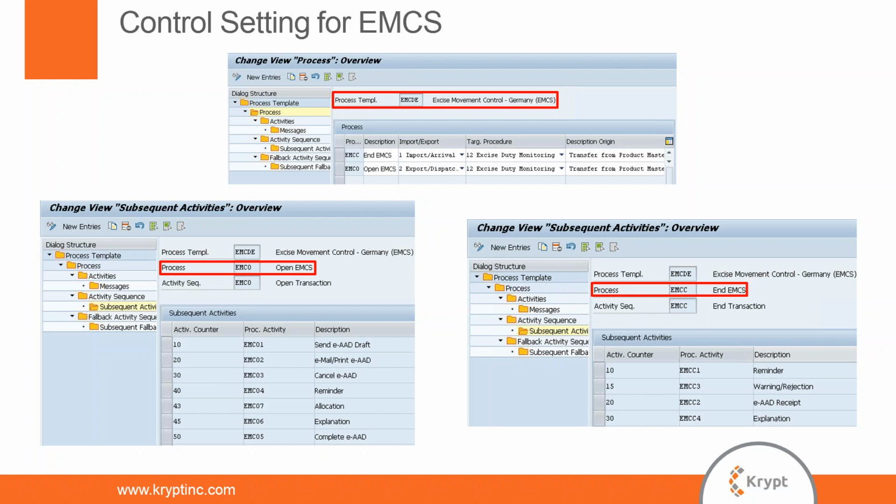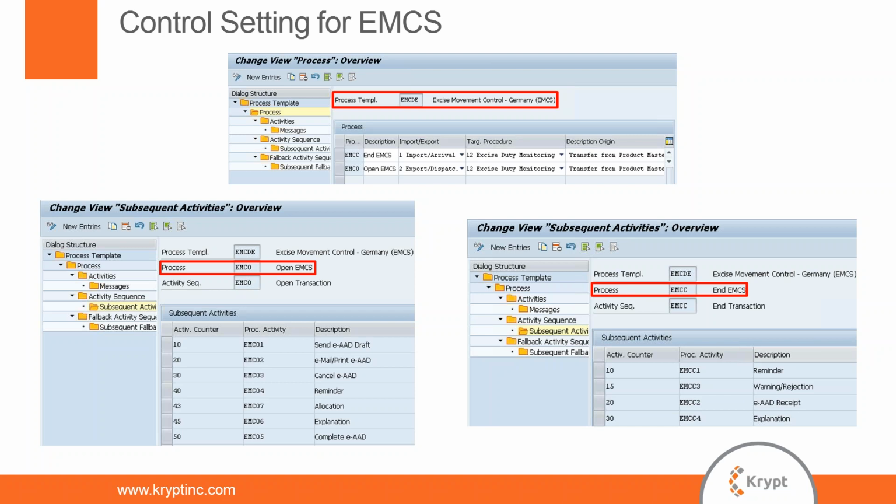And from the consignee's perspective, it's more about sending a report of receipt, asking for explanation, rejecting any EAD, or sending a reminder message. So these are some messages, but it doesn't mean there cannot be more messages based on any localization within Europe. There could be more, but these are some standard messages.